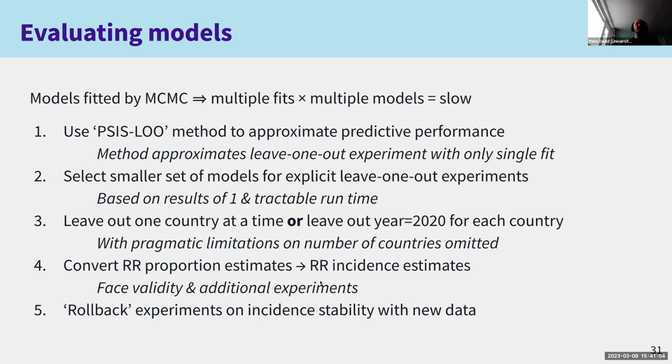One of them was to go through the next step in this process and use those proportion estimates to generate some incidence estimates to have a look at face validity, and also an experiment that I was calling a rollback experiment, where you rolled back the data that was available and made comparisons with the prediction, and then reintroduced the data.